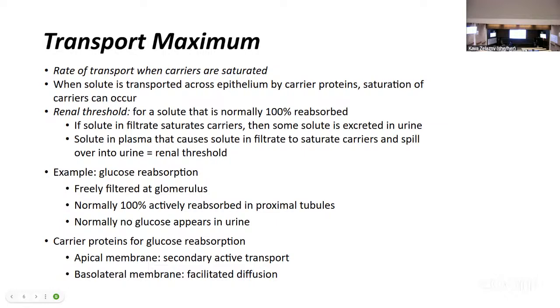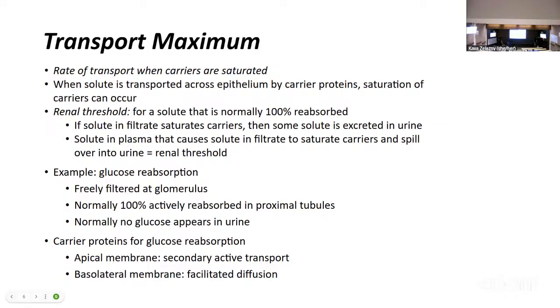So you can say, okay, we know how much glucose we are able to reabsorb with the number of transporters that there are. If there's extra coming into the urine, that means that the plasma has extra glucose in it. We're seeing more glucose moving into the kidneys than we can actually handle.